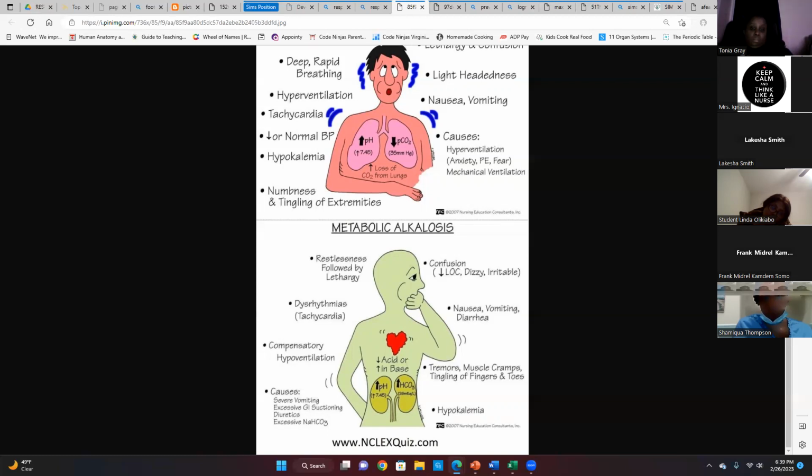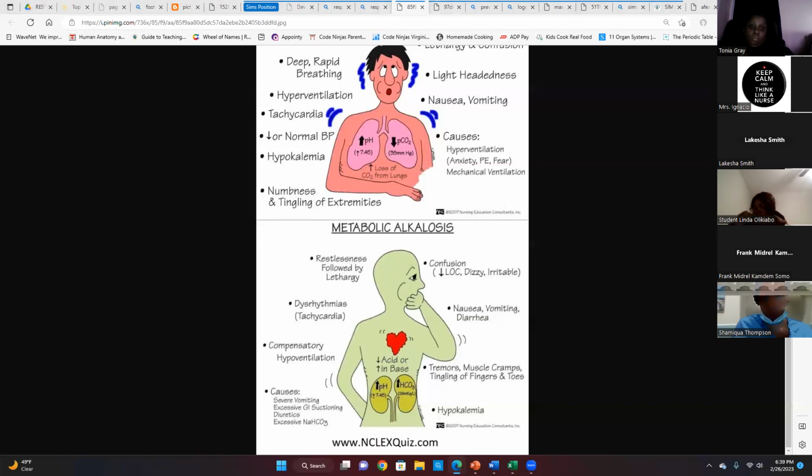Any questions on the differences between those four things? Okay, I guess that means everybody is okay. When I was in nursing school, I didn't quite understand it.